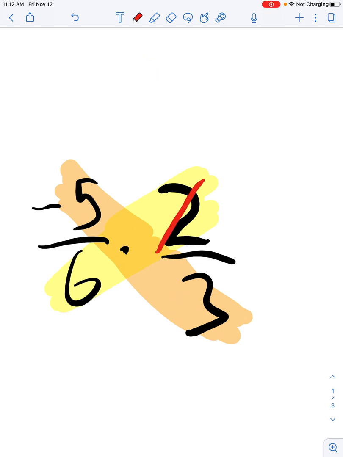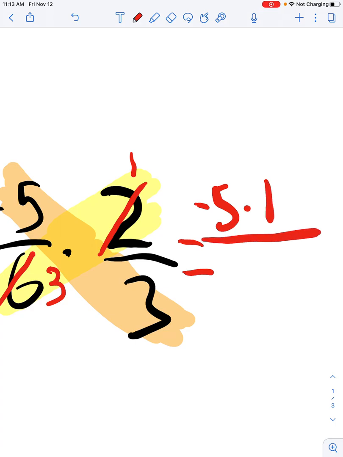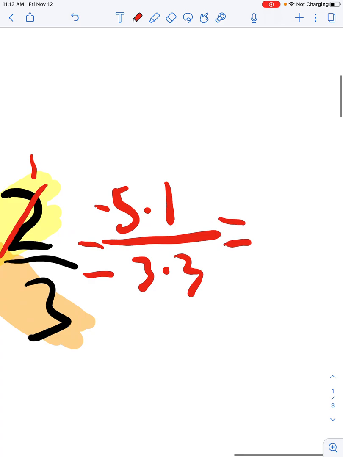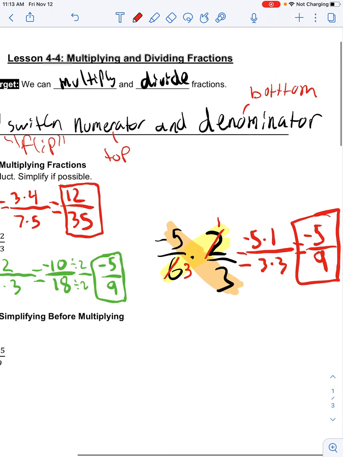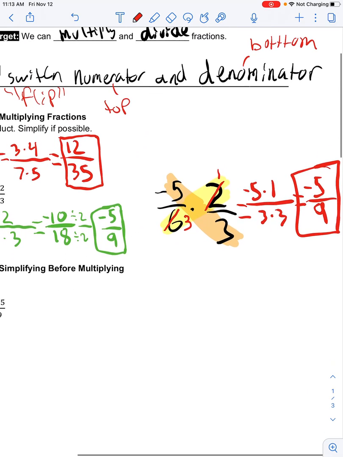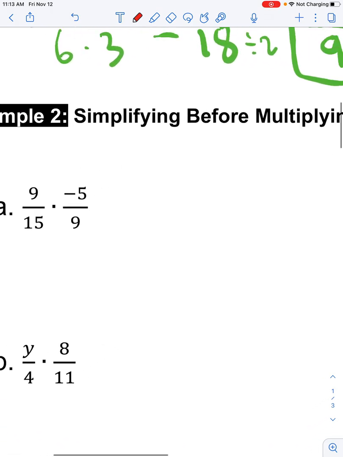So 5 and 3, there's nothing. However, 2 and 6, I know that I could divide 2 by 2 and get a 1, and I could divide 6 by 2 and get a 3. So now when I do my multiplication, I'm going to have much smaller numbers. Negative 5 times 1 is negative 5. 3 times 3 is 9. So I end up getting the same answer of negative 5/9.